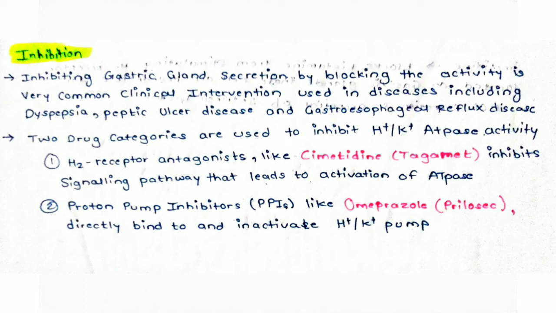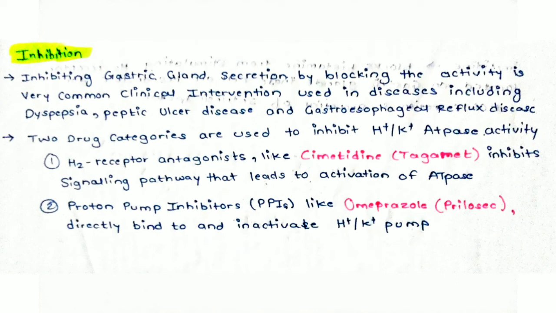So blocking this ATPase activity will help in the reduction of HCl secretion. As you know, in gastroesophageal reflux disease, the HCl reaches up to the esophageal level, causing burns and harm to the esophagus. So it will help in reducing those effects.